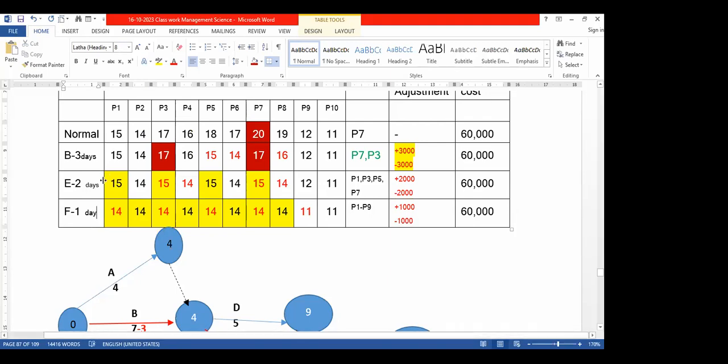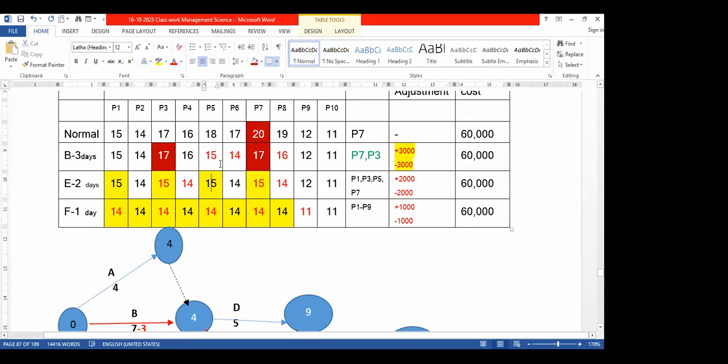So by reducing E by 2 days, the first part there is no E, second part no E, third part E is there, therefore 17 minus 2 is 15. Part 2, E is there, therefore 16 minus 2, 14.